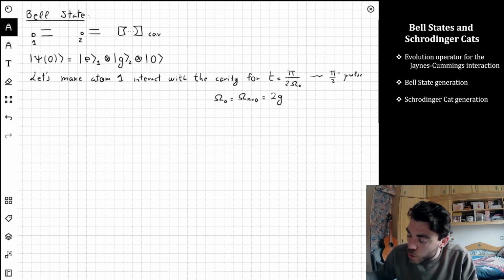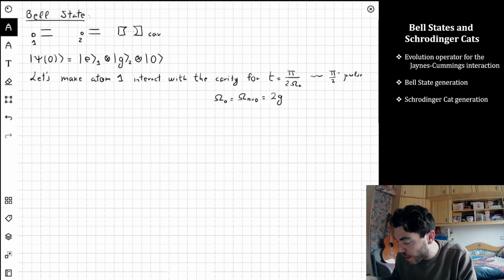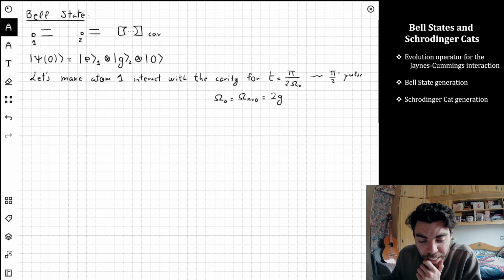And in the pi/2 pulse, the result was that the atom was in a quantum superposition between 0 and 1, between excited and ground state. And this is what we are going to get. But let's see it specifically.